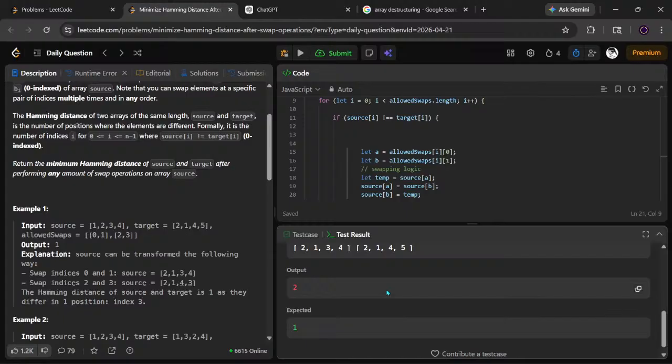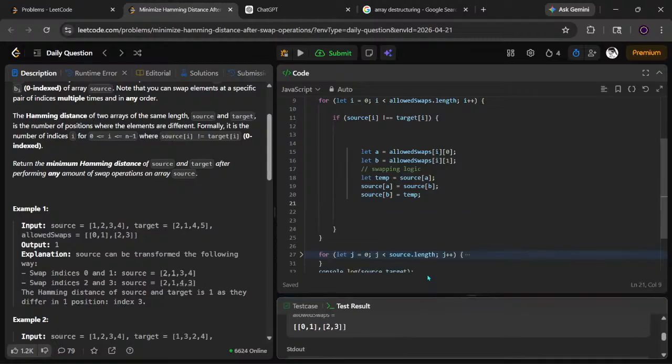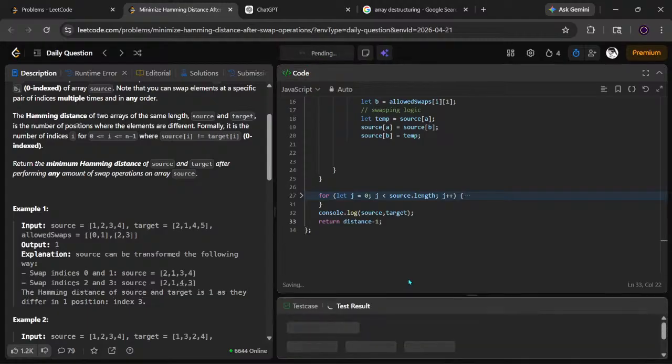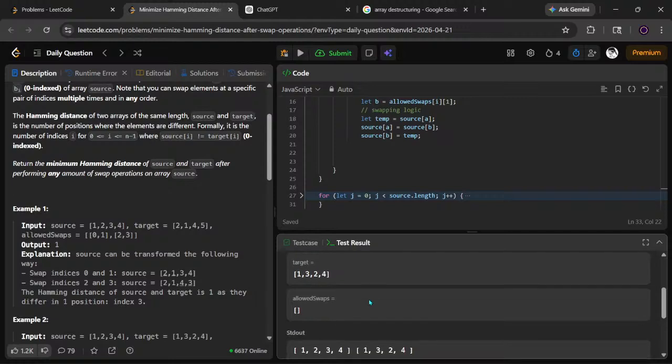It should go for a pair, I guess. We have to see every individual value. Maybe minus one could be the answer. Now two conditions should pass. It passed.